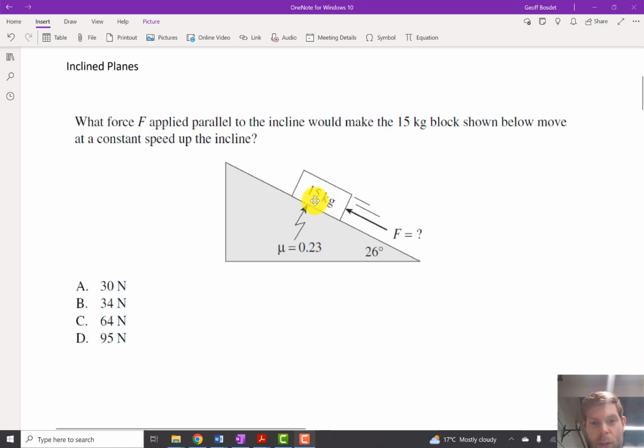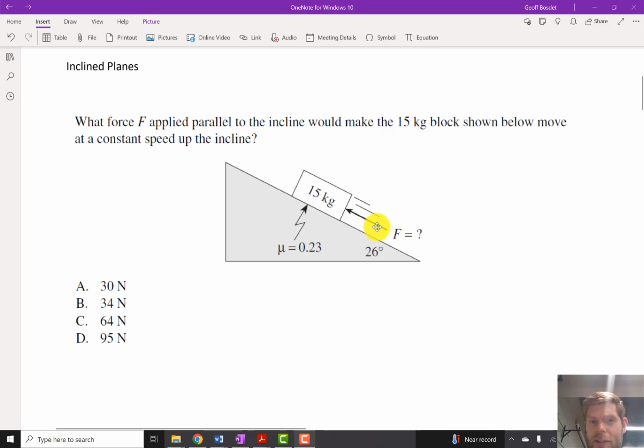In this case, our normal force is always perpendicular. A lot of our applied forces tend to be parallel to the surface of the inclined plane, and it's going to tend to move along the surface of the inclined plane.